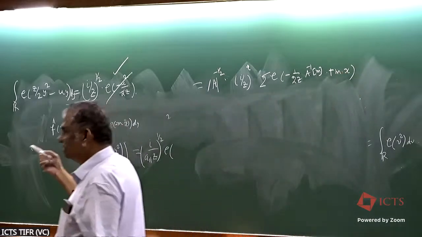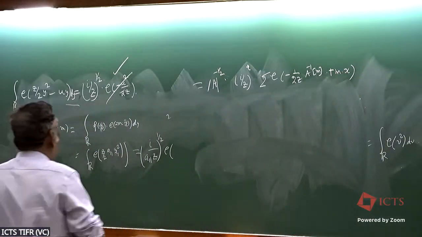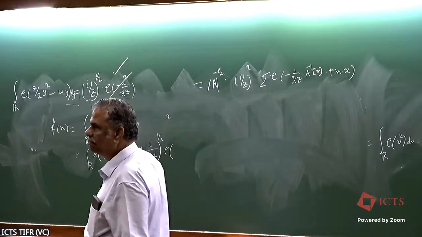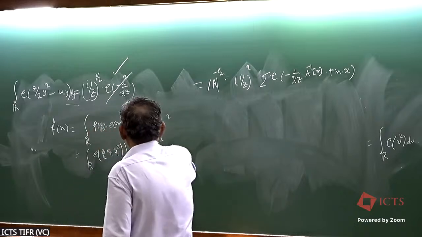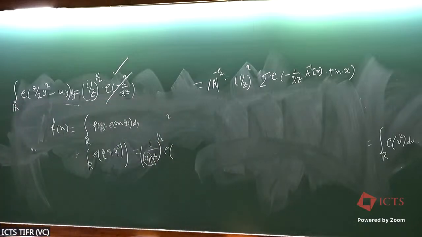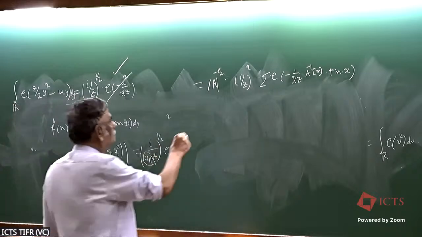The m into x has already come, and this mod a power minus half has already come, and this I over z power half each time will come. Therefore, it will be I over z power r by 2, which is my I over z power k.